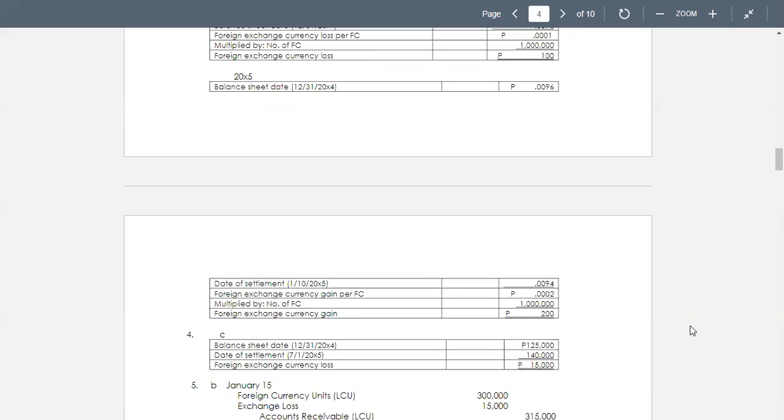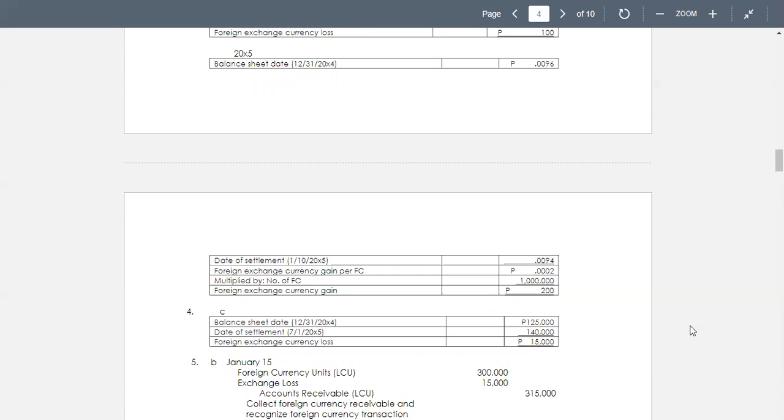Number 4, in its income statement for 20x5, what amount should Denver include as a foreign exchange gain or loss on the note principal? So in number 4, we have now the balance sheet date with 125,000, which is the year end.